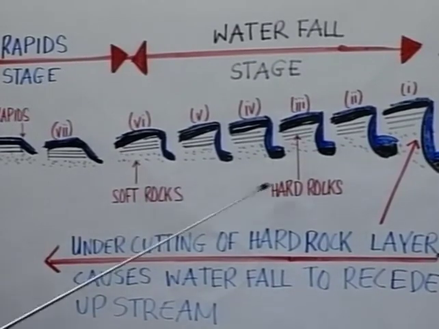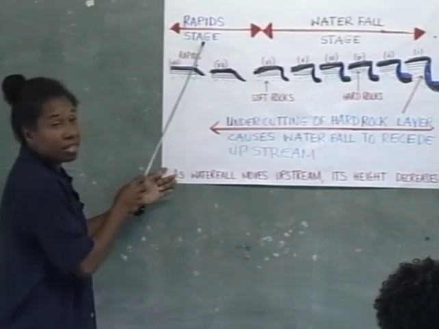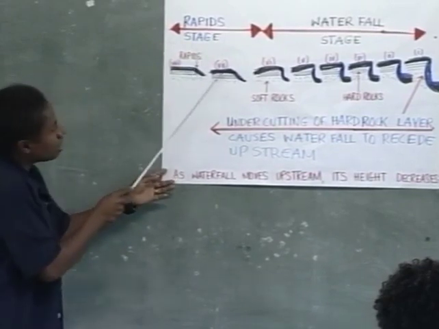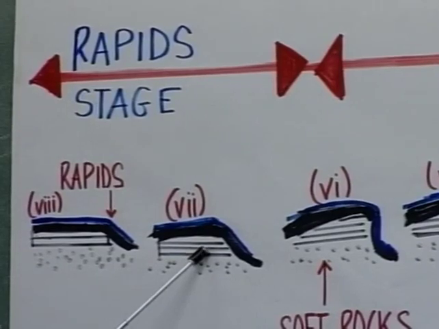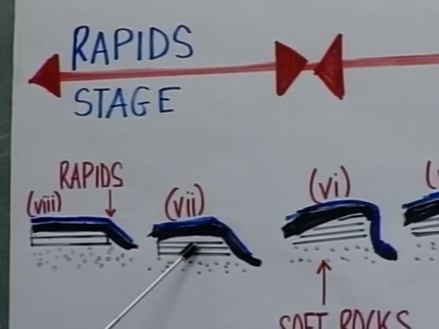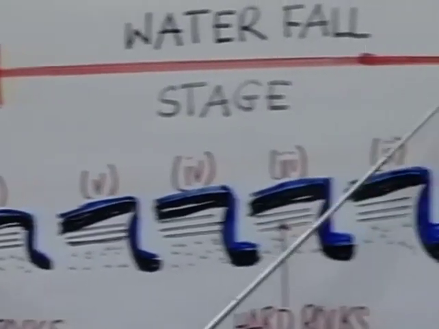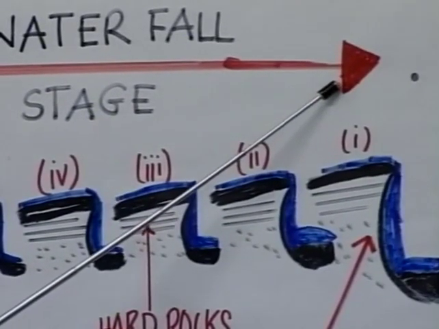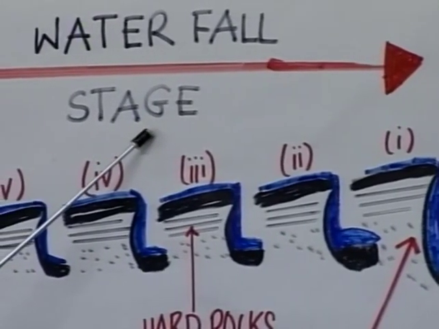With that information here, you have the arrow here. This arrow represents the rapid stage, and here you can see these 2 diagrams to represent the formation of rapids. Then we have this arrow going from this point all the way to that point to show us the stages which contribute to the formation of the waterfall.